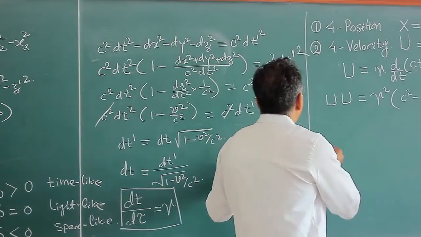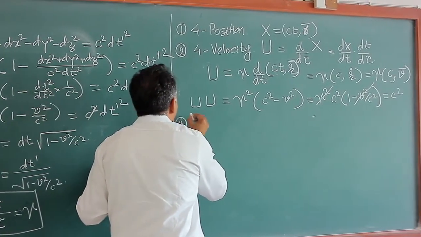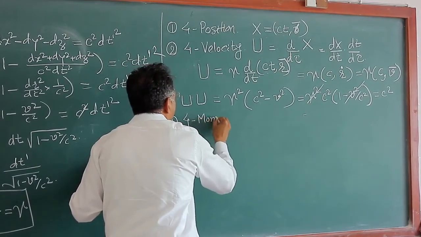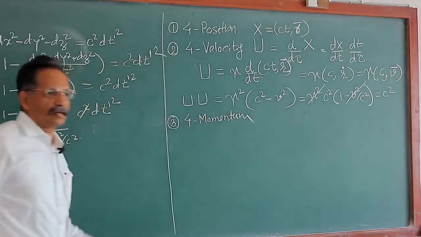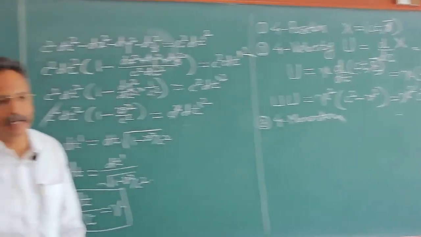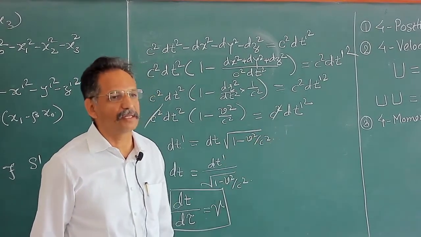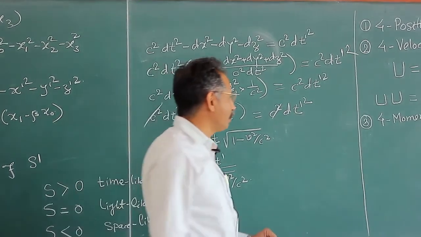Now we can go ahead to the third definition, that is for momentum. As you all are aware, momentum is a very interesting quantity, and this quantity in fact offers us a wonderful equation that Einstein's theory has given to us.